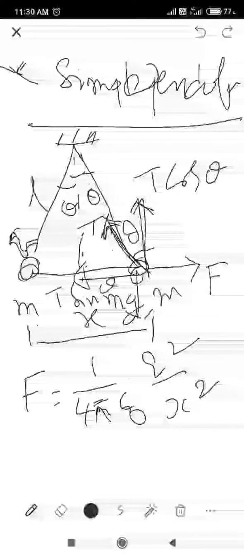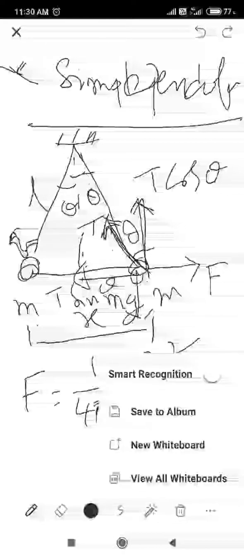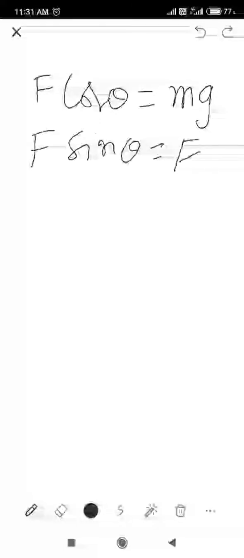As this charge is in equilibrium, you can balance horizontal forces and vertical forces. T cos theta balances mg and T sin theta balances F.